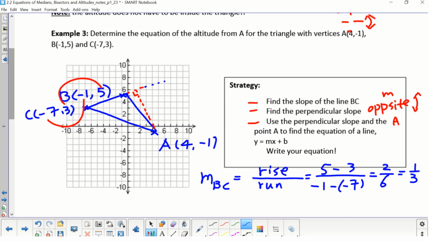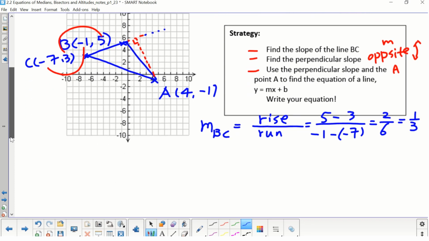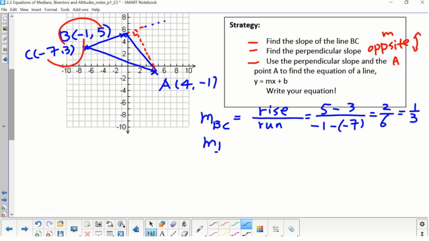Now how about the altitude, the perpendicular slope? What's a perpendicular slope? Yes, opposite. Before it's positive, now it's negative. And before it's 1 over 3, now flip it, 3 over 1. Opposite flip. Majority of you got this part on the previous quiz. It's good.